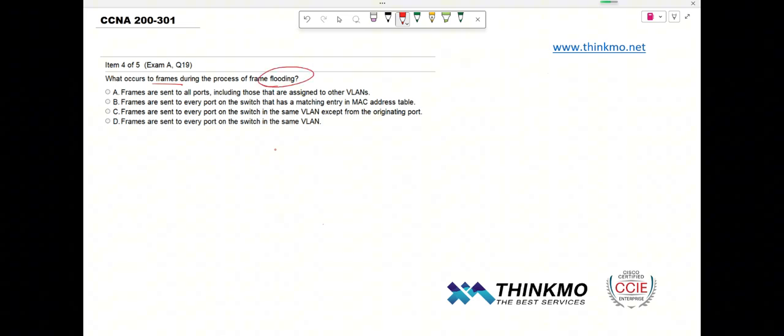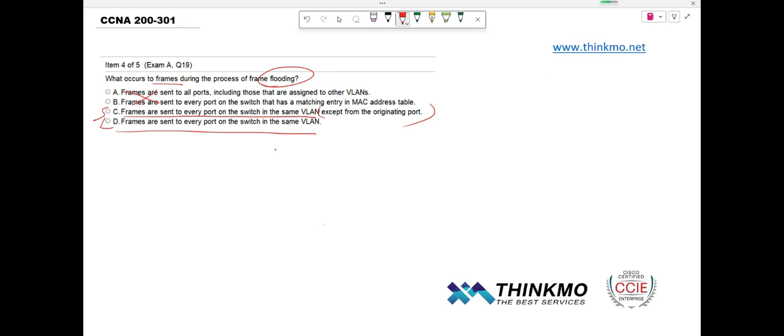Question 4 states that during the actual data transmission process, for data frames during the flooding process, what situations might occur? During the flooding process, we can definitely say that the first 2 options are incorrect. We mainly look at these 2.